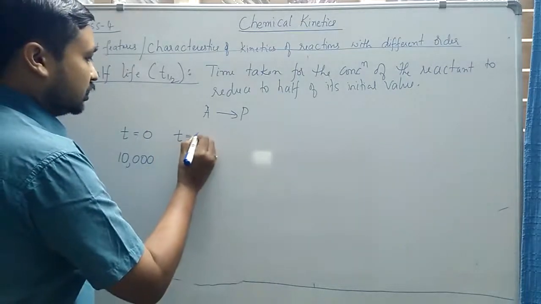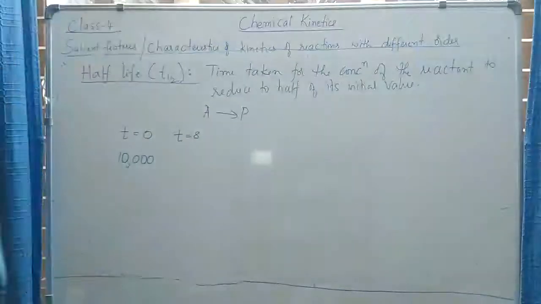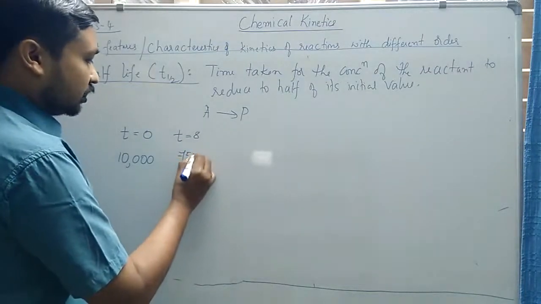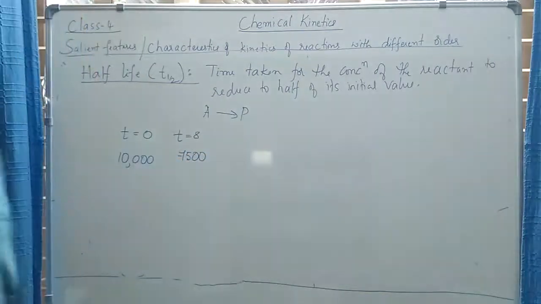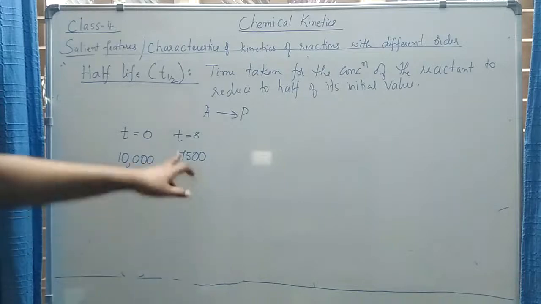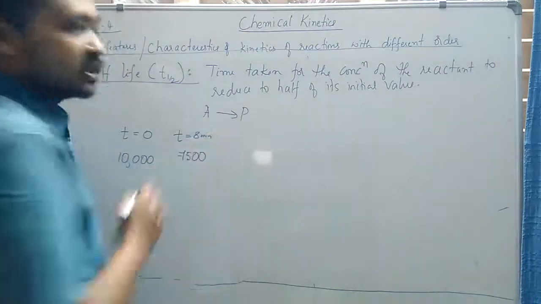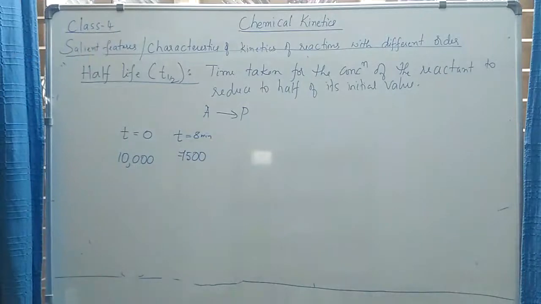and at a particular time T is equal to, say for example, 8 minutes, what I observe is the concentration of A is 7,500 molecules. Therefore, does T is equal to 8 minutes represent the half-life of this reaction? No, it is not the half-life of this reaction, because what is half-life?